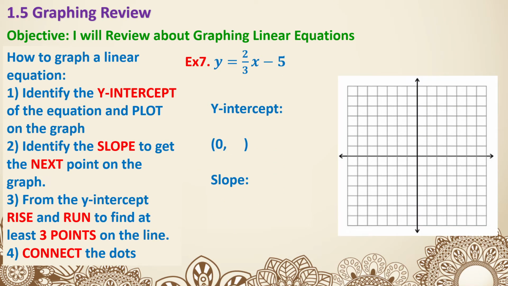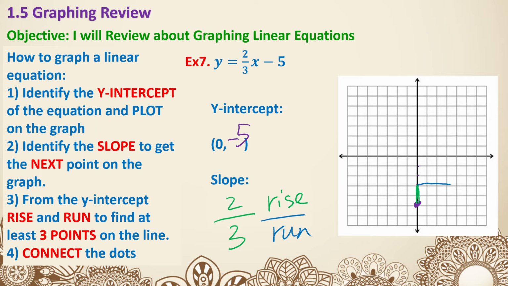Example 7. -5 is the y-intercept, so I start at -1, -2, -3, -4, -5 right there. I have 1 point. Next, the slope is 2 over 3. Rise is the 2, so I'm going to go up 2, and the run is the 3, so I'm going to go right 3.